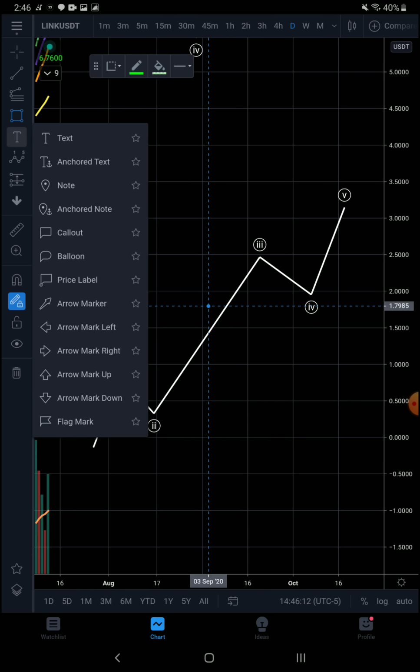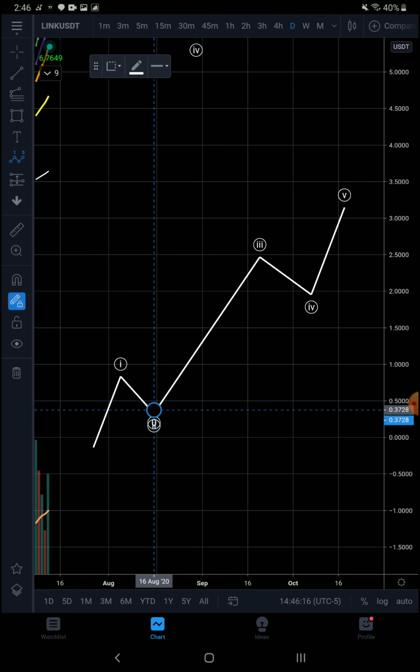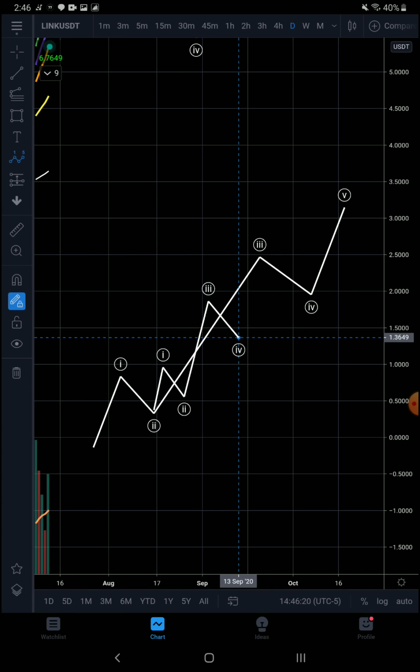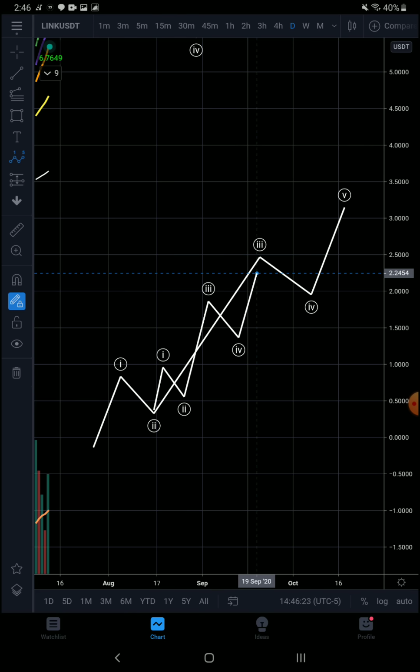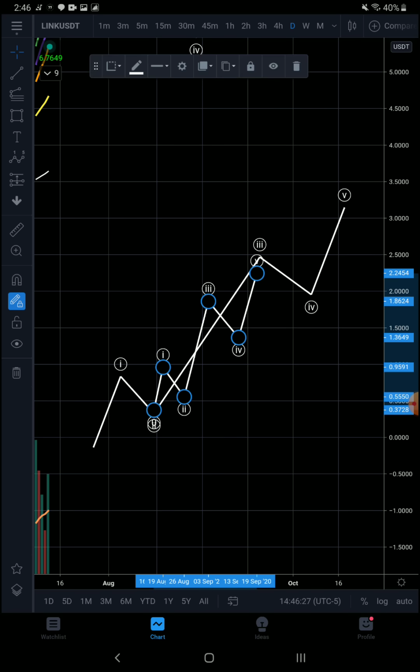We see this. 1, 2, 3, 4, and we see the 5 that is being formed, but notice I didn't bring it up all the way. Okay? In a normal wave, this is what we see.